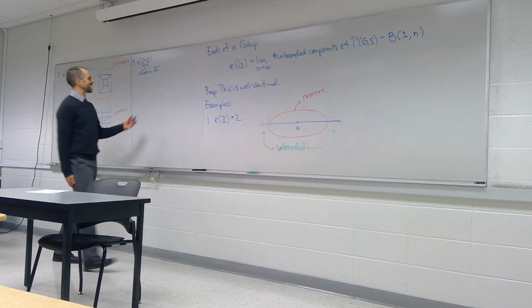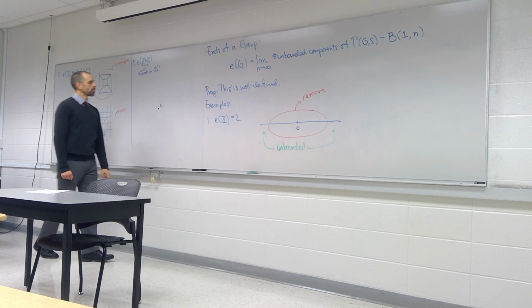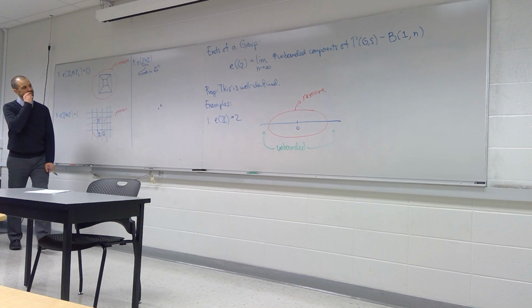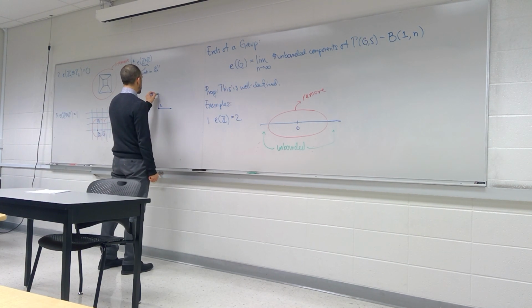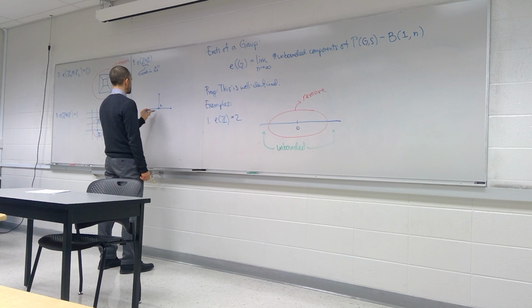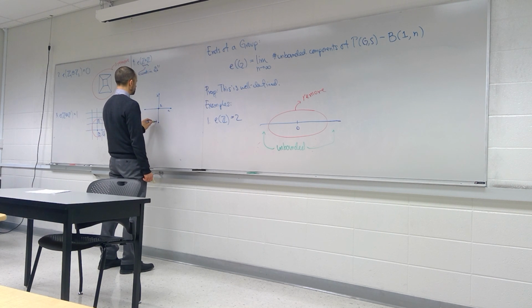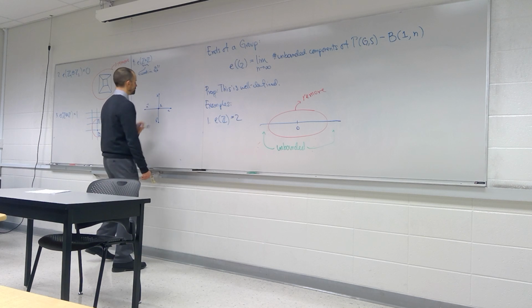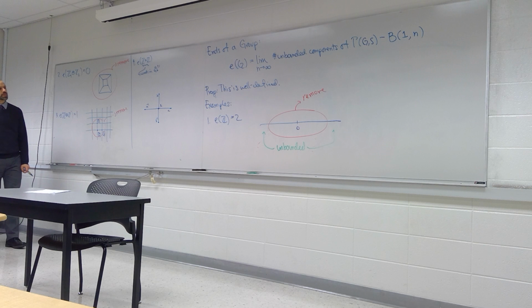And if we start building the Cayley graph for this object, well, I start with the identity. And then I'll have these elements corresponding to the words A, B, A inverse, and B inverse. And remember, there's this symmetry in the Cayley graph.